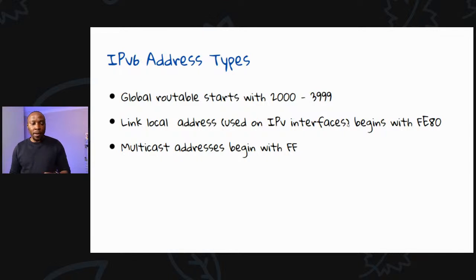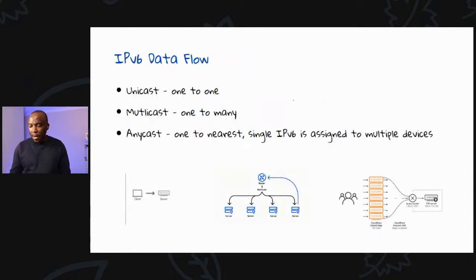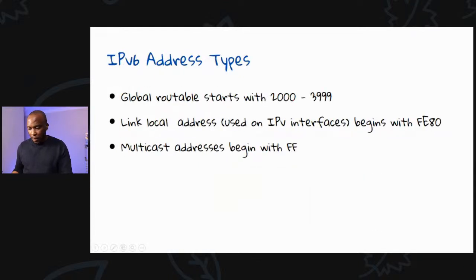The three most common are the routable IP address, which is the equivalent of a public IP address in IP version 4. This address starts with any number between 2000 and 3999.